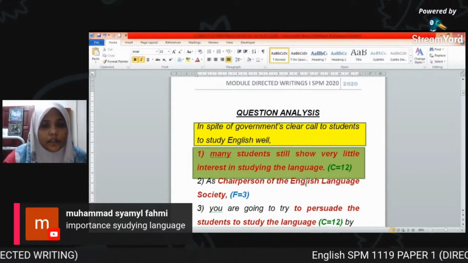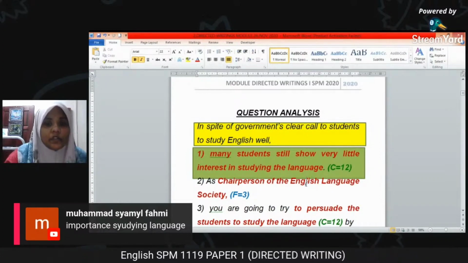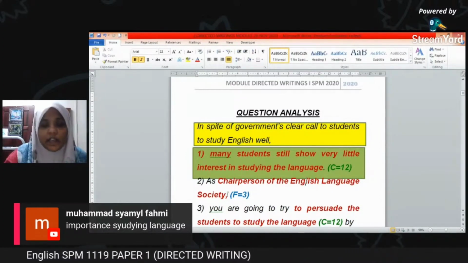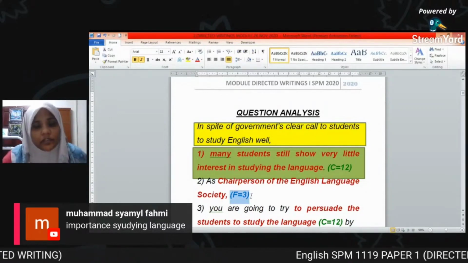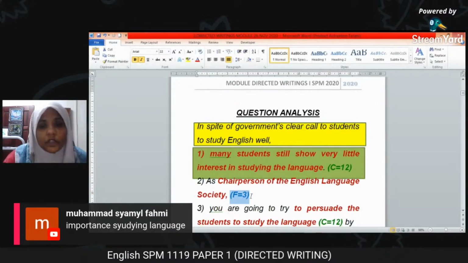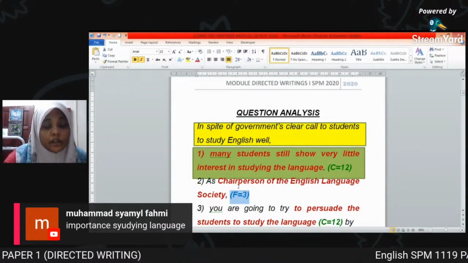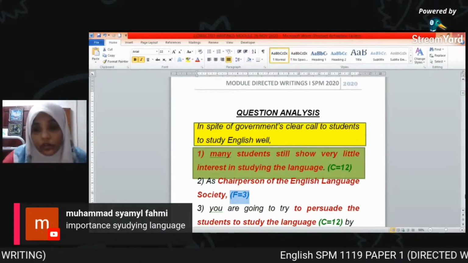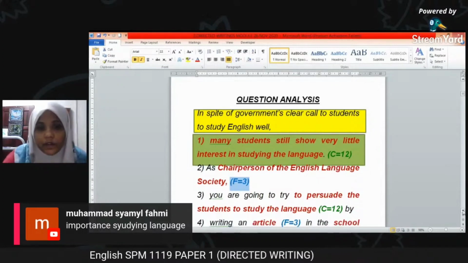Okay, second part of the question. Remember, as the chairperson of the English Language Society. Now, this I wrote there as F equals 3, which means it is testing your format. Later I'll show you what to include, but this is actually the format part.